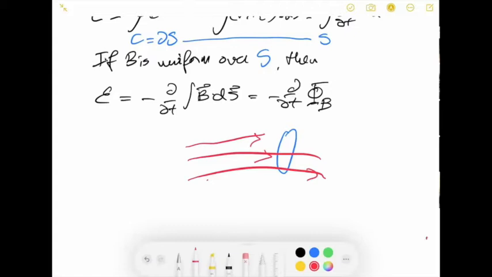If this field is a function of time and presumably also position, then all of the field that threads this loop, integrated over that surface area, if that changes, then that means that there's an EMF induced in this loop, and that EMF is of course this scripted E. EMF, or the electromotive force.